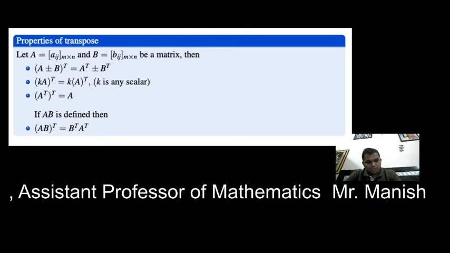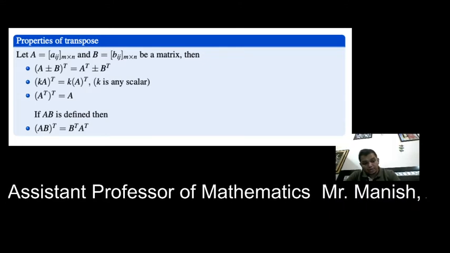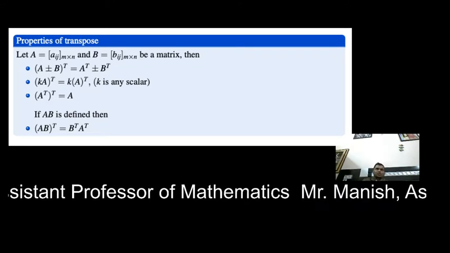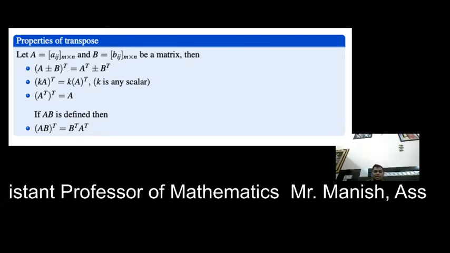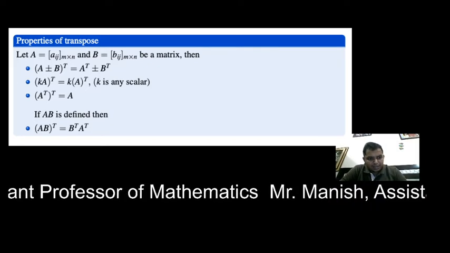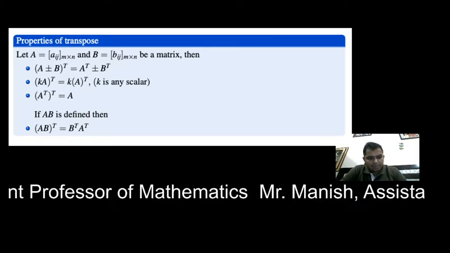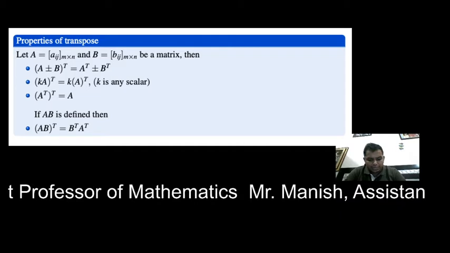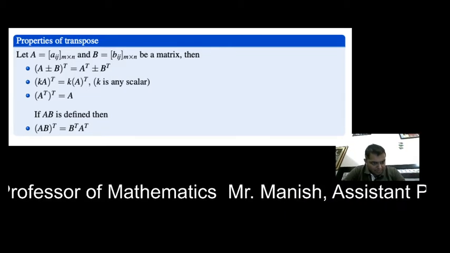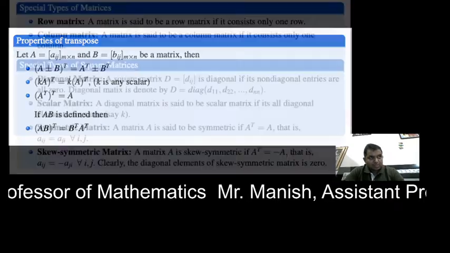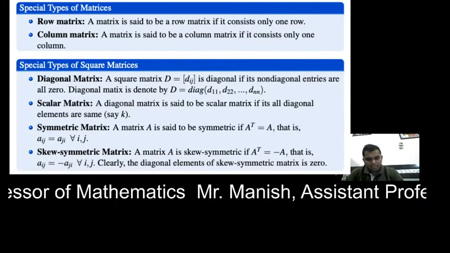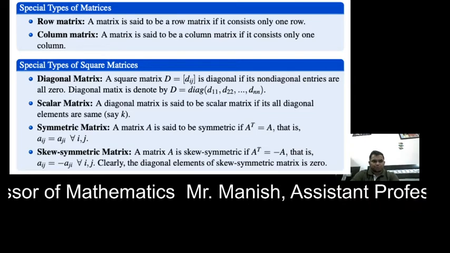If you take the double transpose of a matrix, that will be equal to matrix A. It means if you transpose the matrix and again transpose that matrix, you get matrix A. If AB is defined, then (AB) transpose equals B transpose A transpose. Why is it written that AB is defined? It means if the multiplication of A and B is possible, then (AB) transpose equals B transpose A transpose.